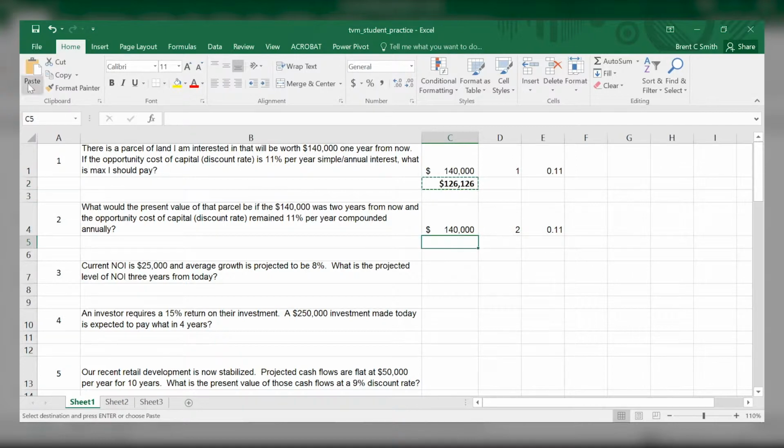When I do that, because of the cell referencing, it'll pick up, as you can see up here, it moved everything from the 1 line to the 4 line, incorporating the 2-year period in D4 rather than the 1-year period that was in D1. And so we end up with the answer of 113,627.